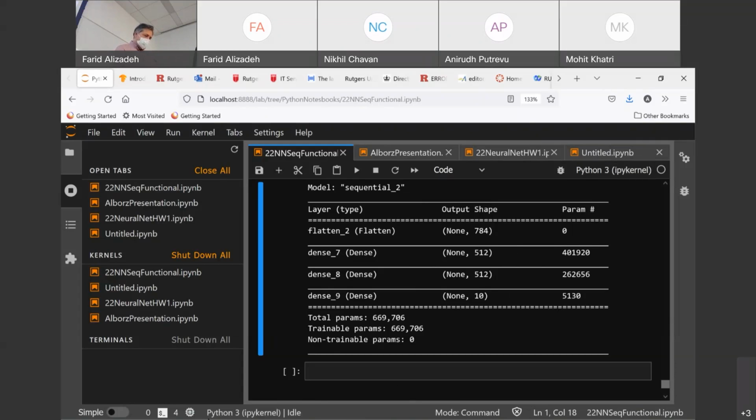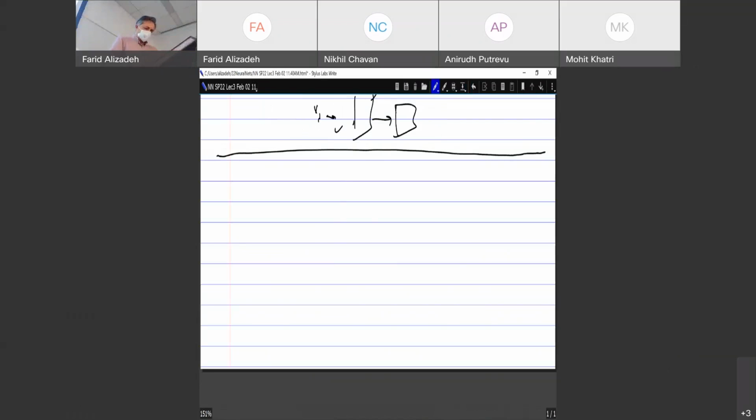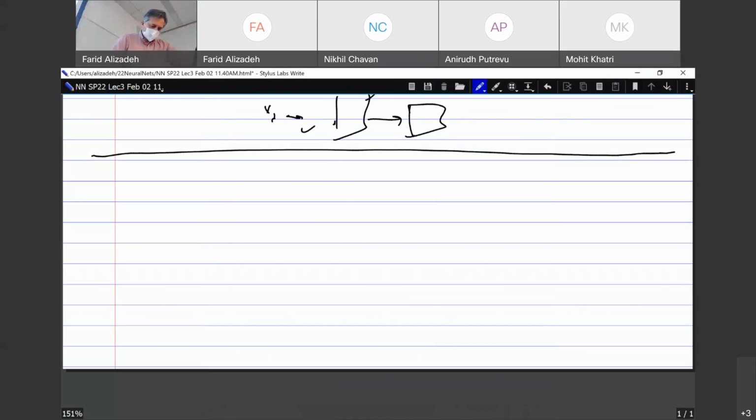Okay, so now let's start talking about what we have here. We have a loss function.